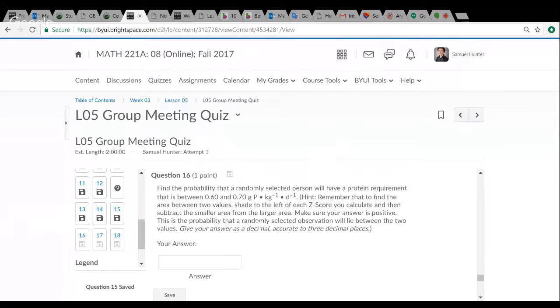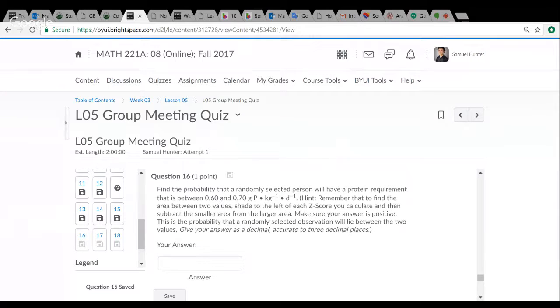How do you find one that's between? Is that for question 16? Yeah. Okay, so if I remember correctly, you take the left and maybe the right.